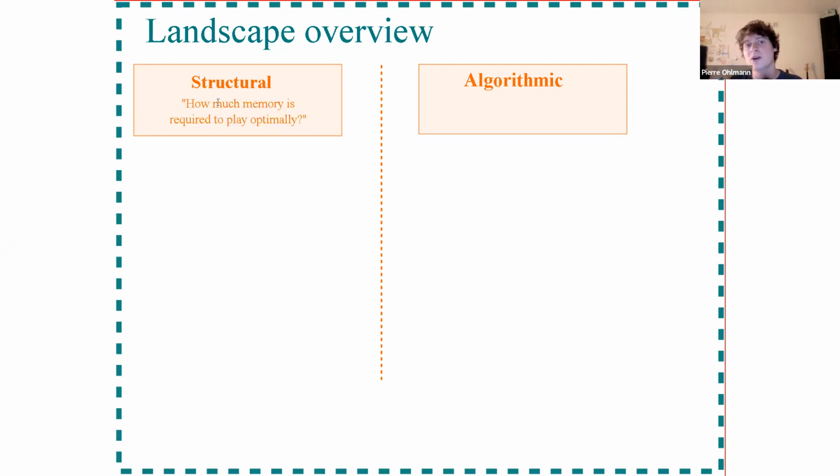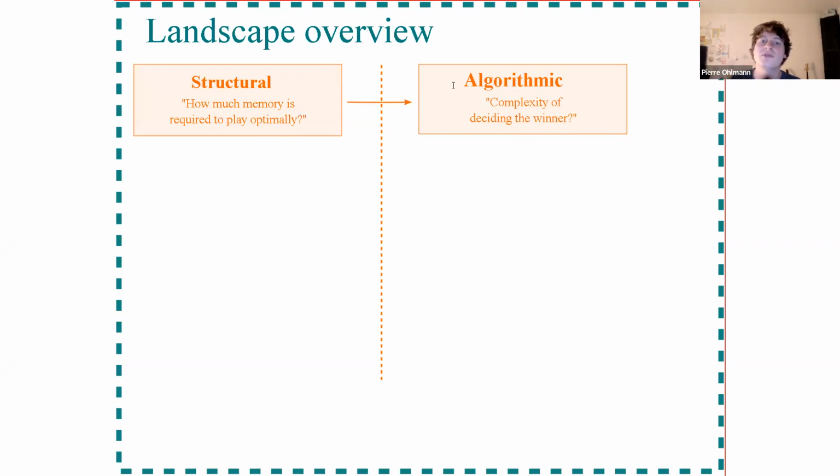A typical structural question is how much memory is required to play optimally. For instance, prove that parity games are positional, or that energy games are positional, or understand the memory of this or that kind of objectives. The other kind of question is algorithmic, which is about deciding the winner in some finite, or at least finitely presented, graph.